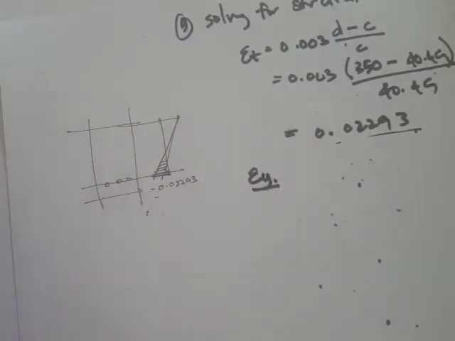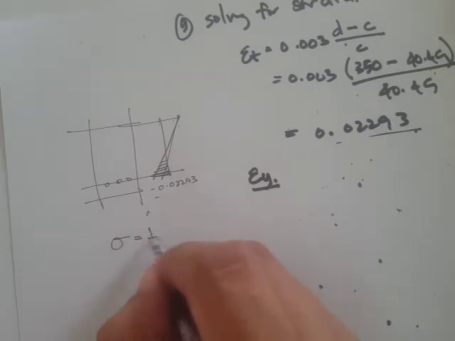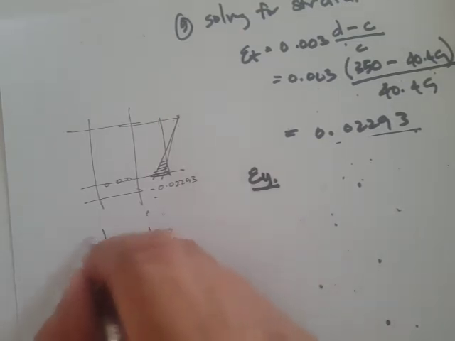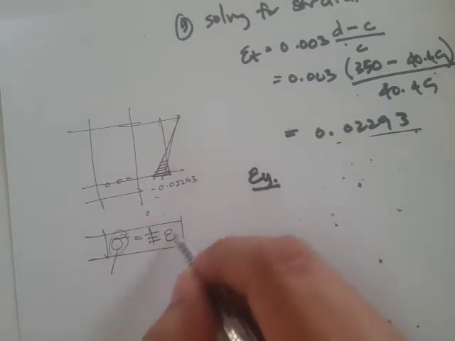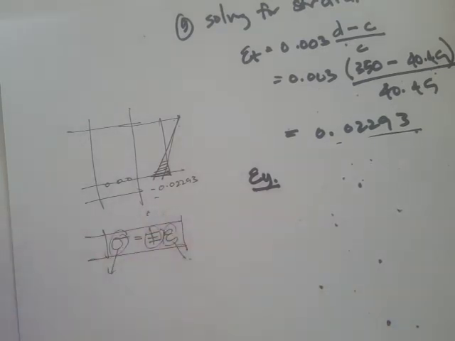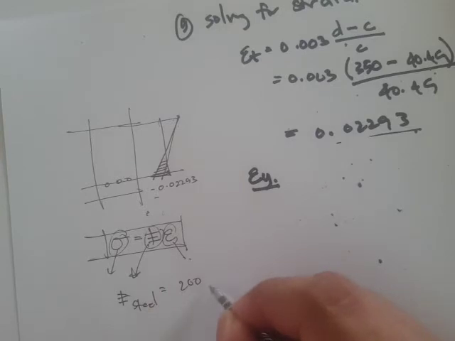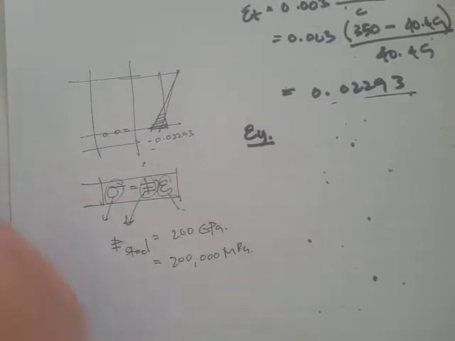You can solve for it if you recall the generalized Hooke's law from your strength of materials. Stress is proportional to strain by the modulus, or Young's modulus of elasticity. For steel, this is a constant, E equals 200 gigapascals. Converting that to megapascals, 200,000 megapascals.